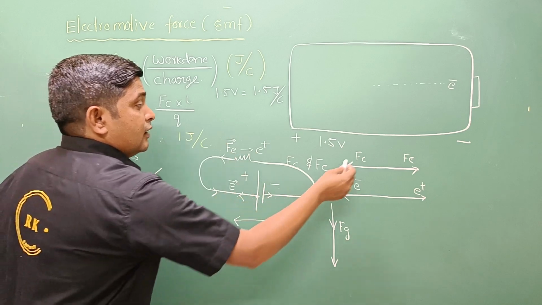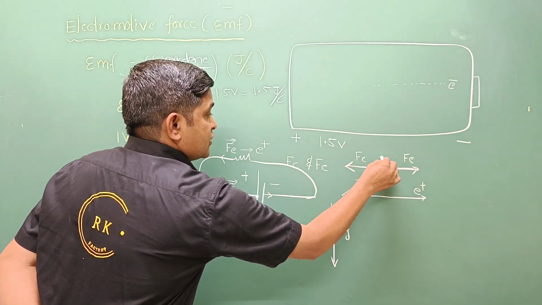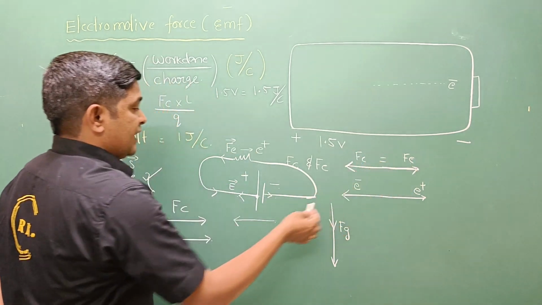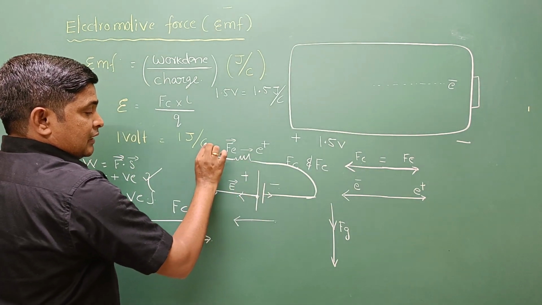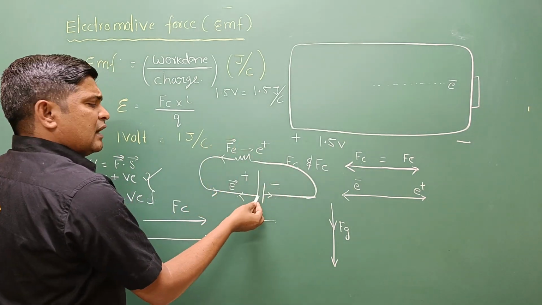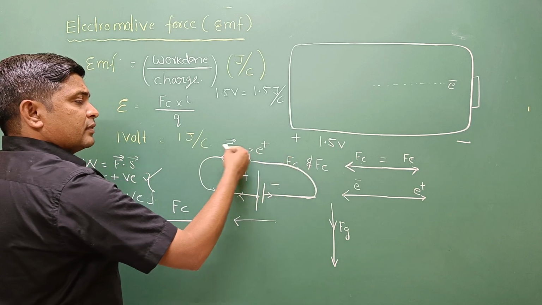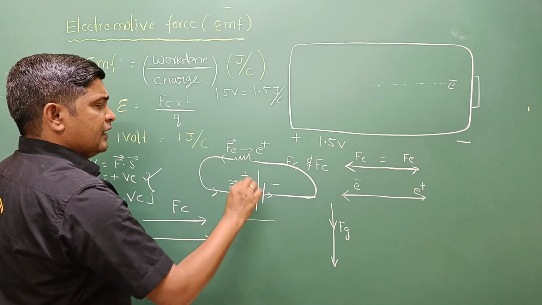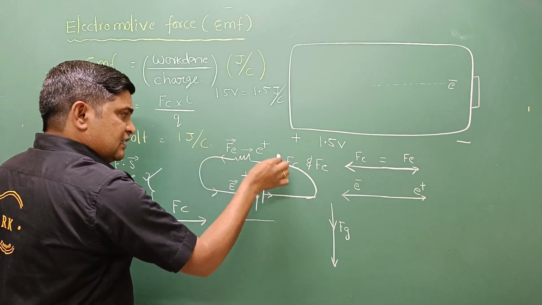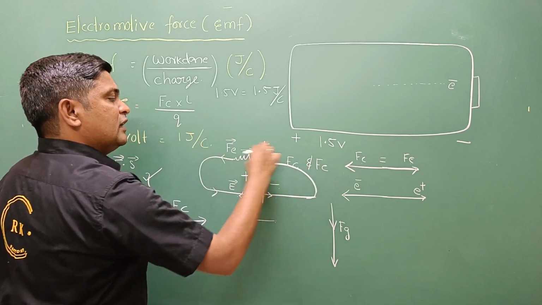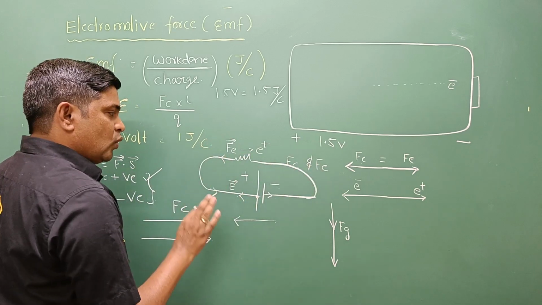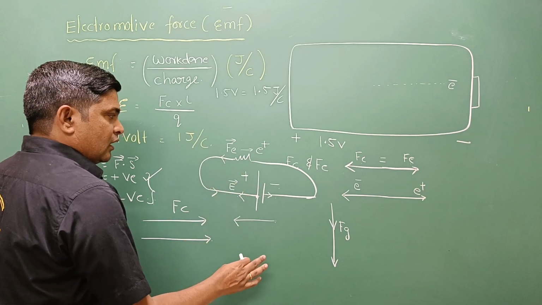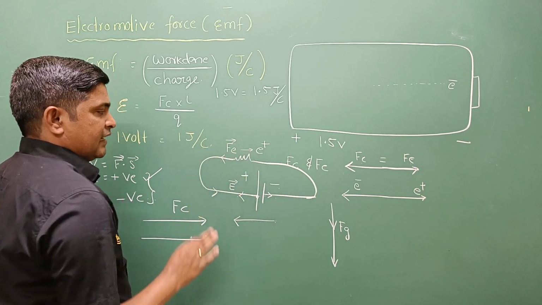We take the chemical and electrical forces equal but in opposite directions. Electrical force is taken in this direction, that's why I have to take the chemical force in the opposite direction. Then surely when I have taken the proton in this direction, I have to take the electron in the opposite direction. That's why make sure both are in the same direction.